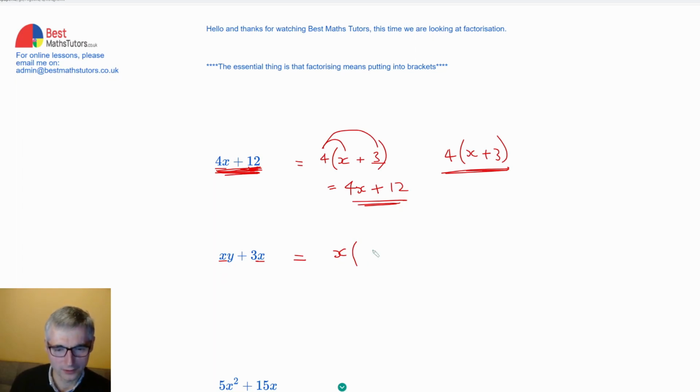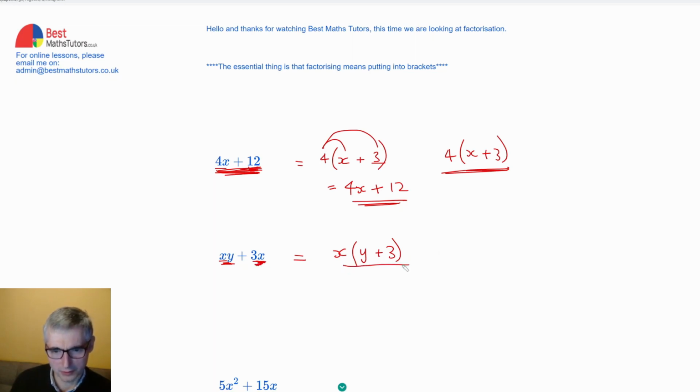So if we put a y there, we can see that x times y would give us the original xy. And we then need to say, well, what would we have to multiply x by to get 3x? And what we would have to put is a plus 3, because 3 times x does give us 3x.